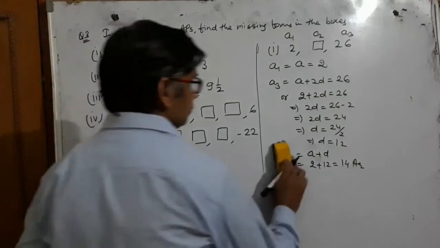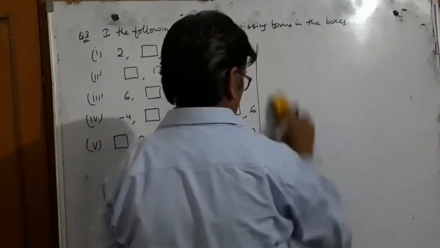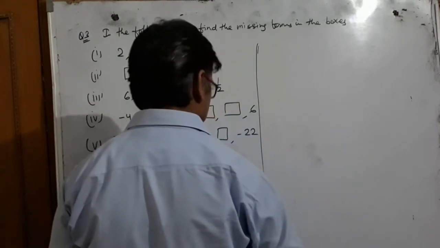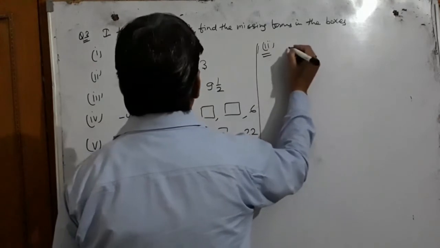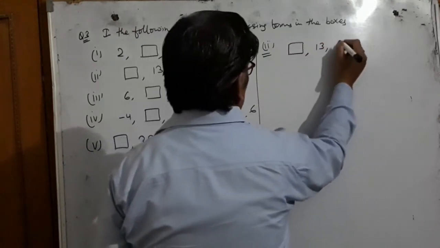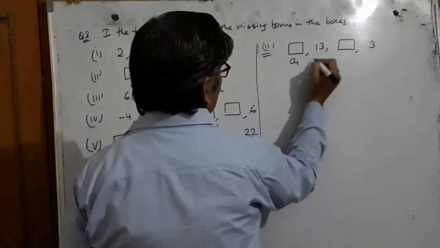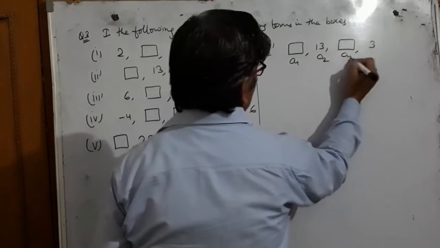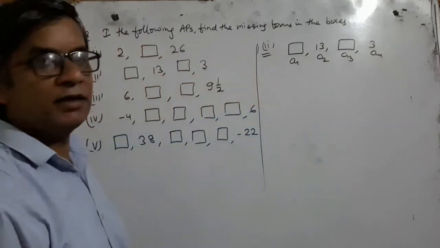Now part 2. This is A1, A2, A3 and A4. The missing terms are A1 and A3.